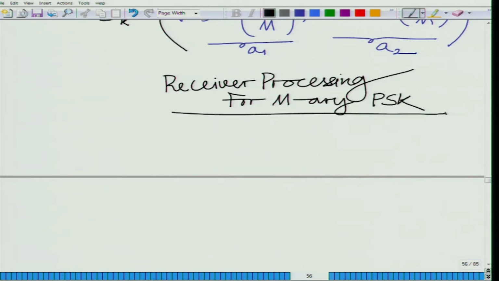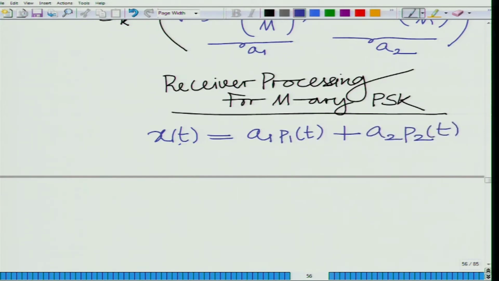We want to see the receiver processing for M-ary PSK. We have x(t) equals A1 P1(t) plus A2 P2(t). Obviously, the received signal, again we have seen this several times before, we are considering an AWGN channel.